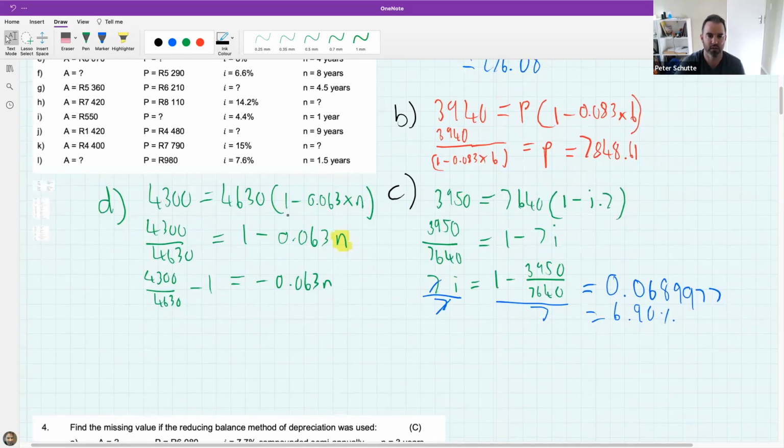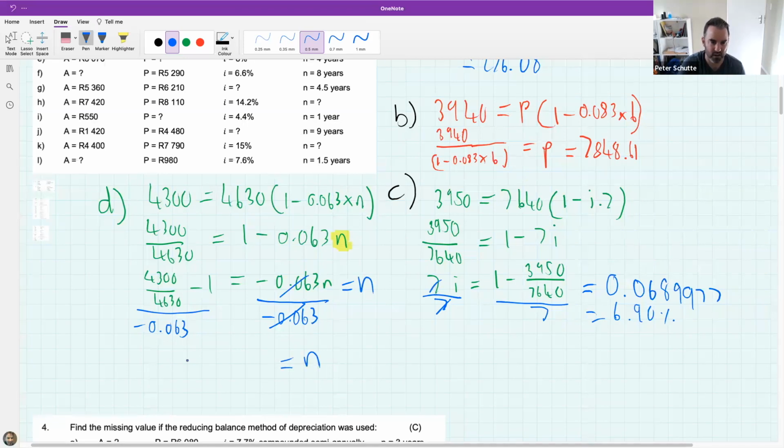And to do that, what do I need to do? Let's use a different color just to make it extra clear. So I divide this side by that. And this would cancel, and I get left with just an N. Now, what is the value going to be that I get on the other side?